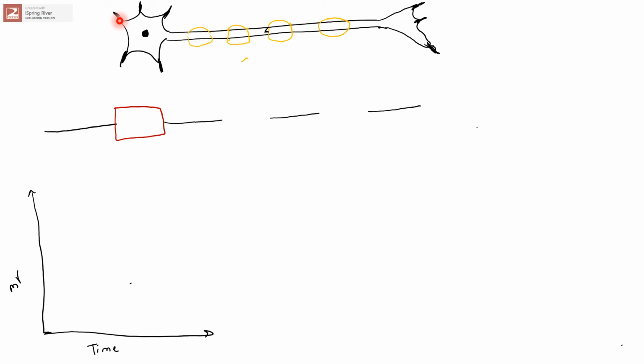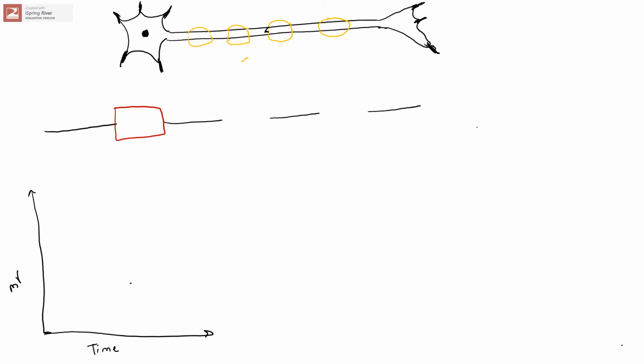Generally, the ion channels in the cell membrane are closed, right? And we are going to focus on the sodium and potassium channels in the nerve. And the charge on the inside of the cell is more negative than the outside, correct? And this is called resting membrane potential.